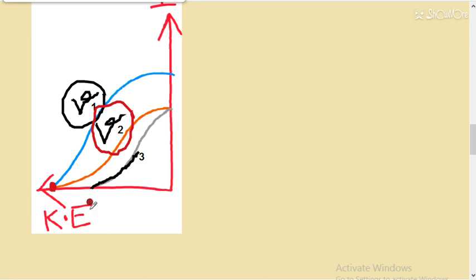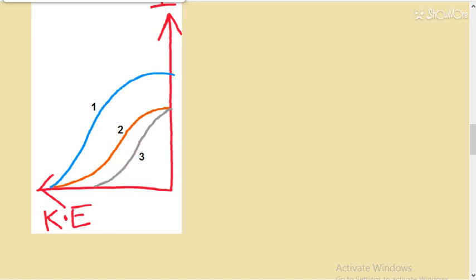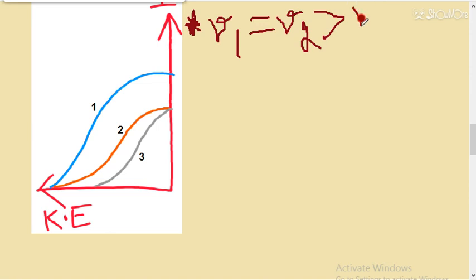Then frequency 3 will be less than frequency 1 and 2. So if I have to write the relation, this will be the relation for frequency: mu1 equal to mu2 greater than, these two are equal but greater than mu3.